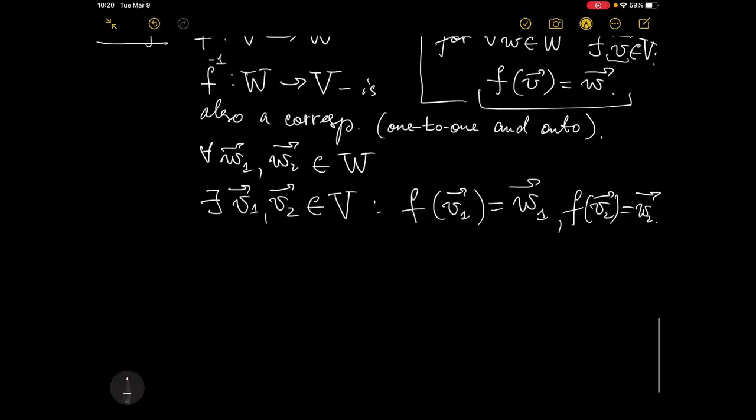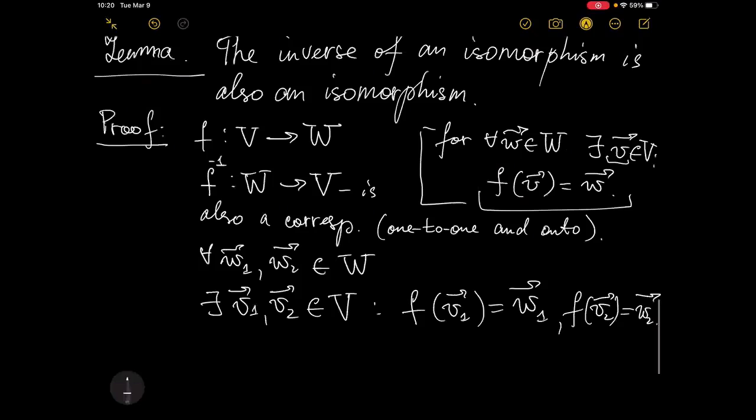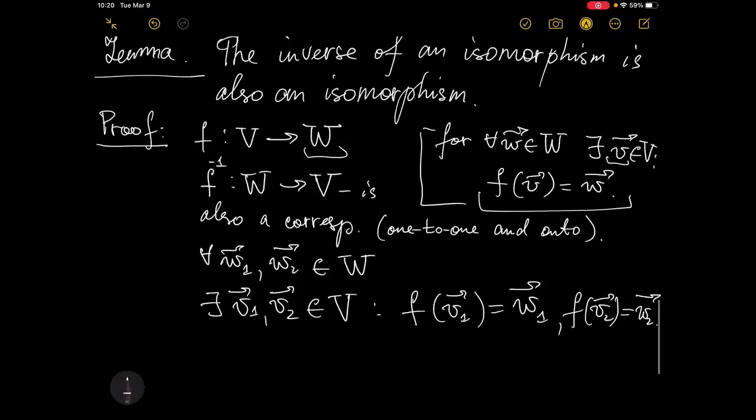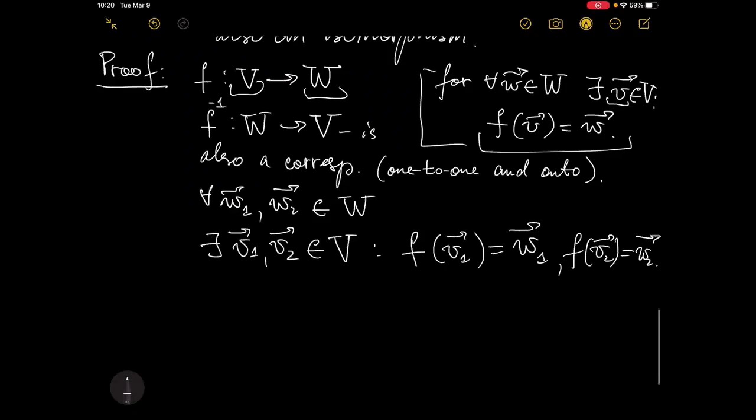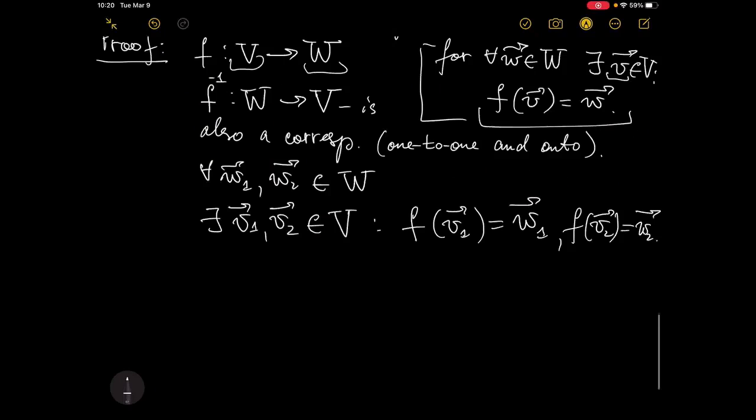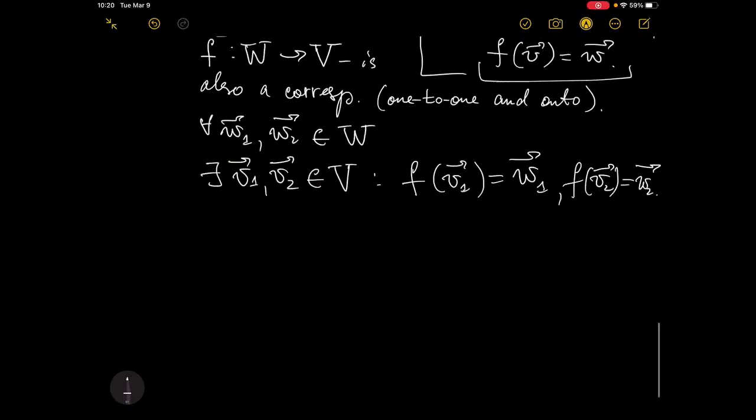Once again, the whole vector space W is generated from the vector space V by application of the isomorphism to all vectors in V. So what can I get from here?